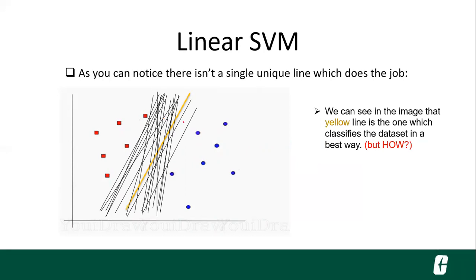But we can also see from the data set that there is one line, a yellow line in our case, which classifies this data set in the best way. But how can we consider that this is the best line for this data set?